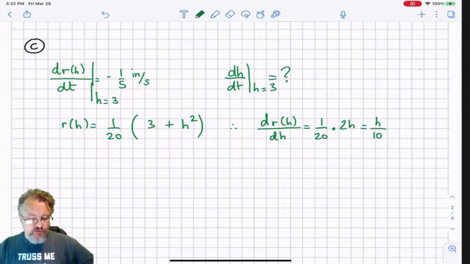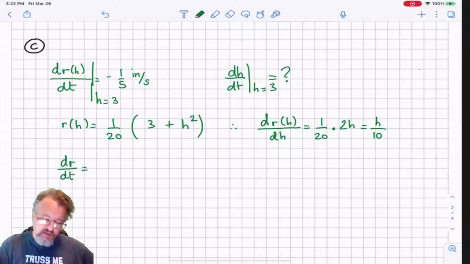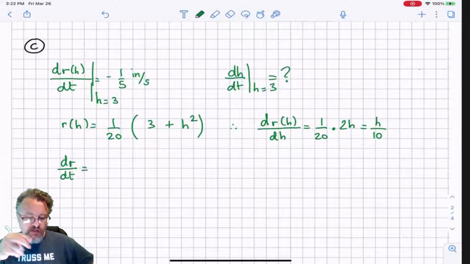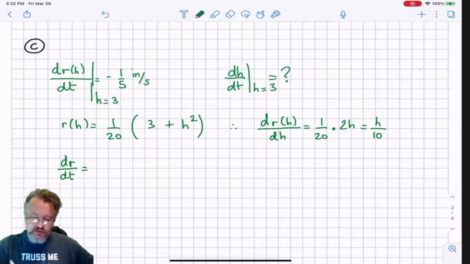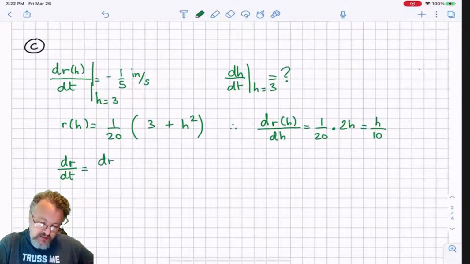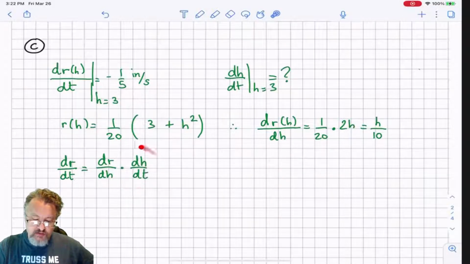But what is provided to us is dr over dt. So since we are given dr over dt, but we can only calculate dr over dh, let's use the chain rule. And so that's going to be dr over dh times dh over dt. And the beauty of it is that, as you can see here, we get a dh over dt in this. And guess what?